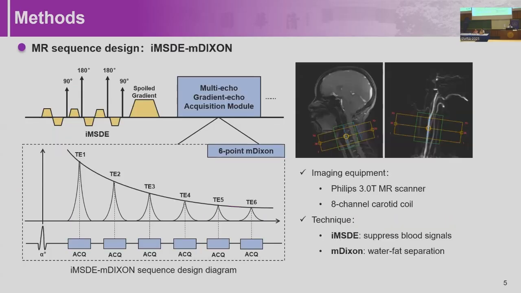The MR sequence design and scan resolution are shown in the figures above. Our new sequence includes an MSDE pre-post module and a multi-echo Dixon acquisition module. The MSDE was used to suppress blood signals, and the Dixon was used for water-fat separation during the imaging acquisition.